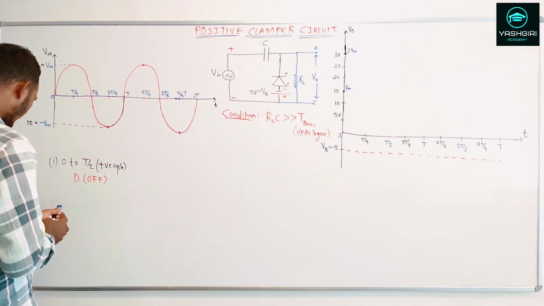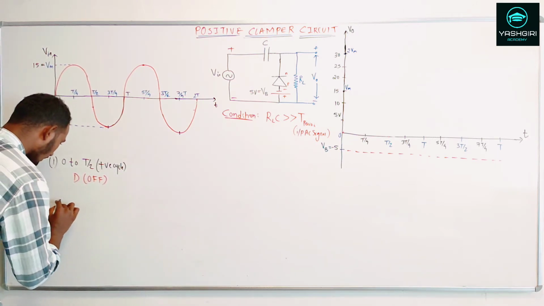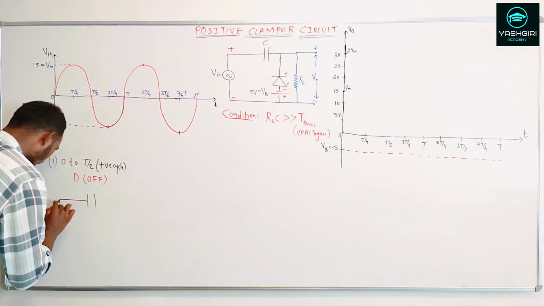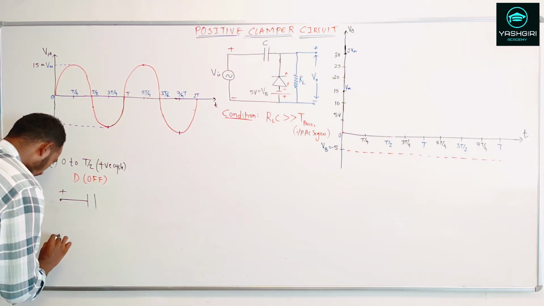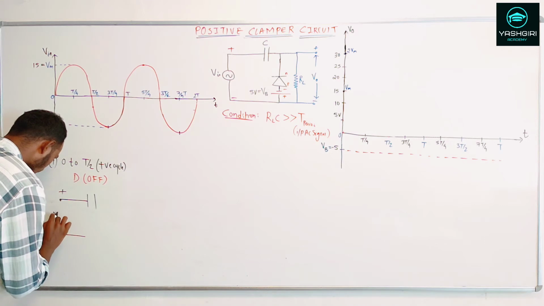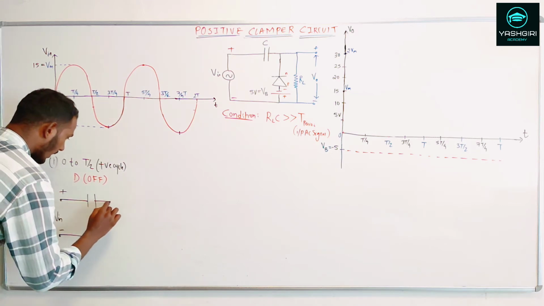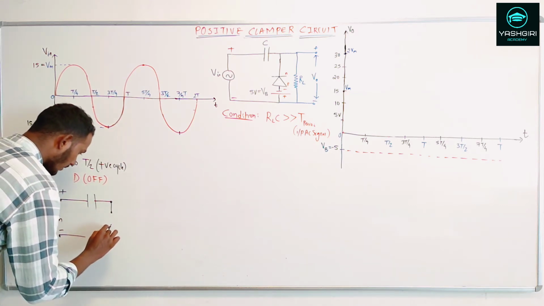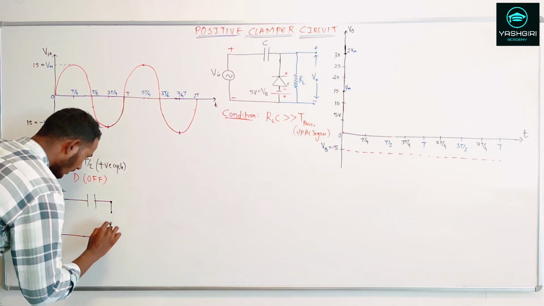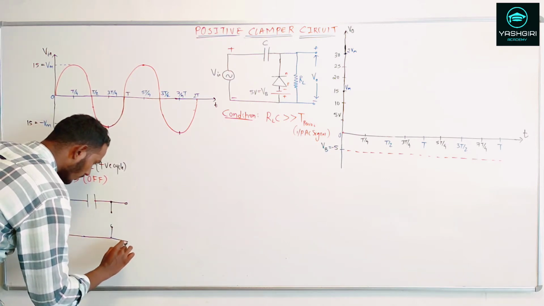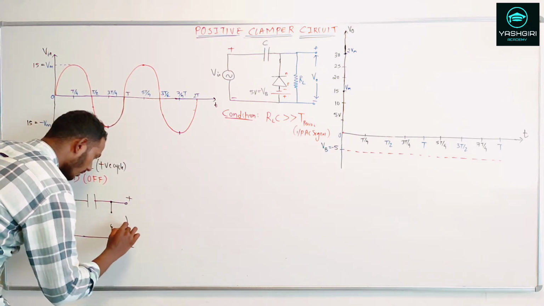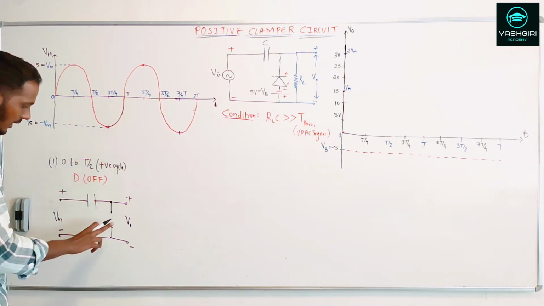Alright. So in this case, the equivalent circuit diagram: I have the capacitor C, this is my plus, minus, and this is my V in. And I know that the diode is reverse biased, that means I can show it as an open circuit. And we are measuring V out, plus, minus, across the load RL, which I am not showing.